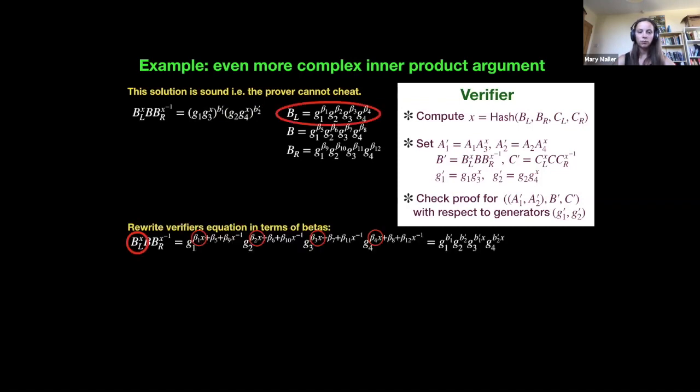We're now going to rewrite our verifier's equations in terms of betas. So first you have BL to the x. You look at your BL and you take the term for the first generator, put that in, take the term for the second generator, put that in, take the term for the third generator, put that in, take the term for the fourth generator, put that in. Then you do the same with B. Then you do the same with BR.